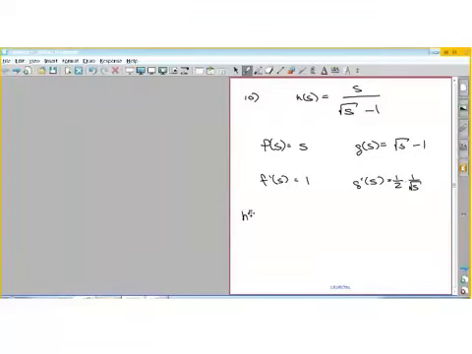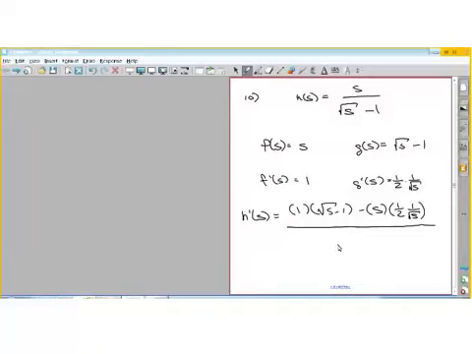So h prime of s is equal to f prime of s times g of s minus f of s times g prime of s, all divided by g of s quantity squared.